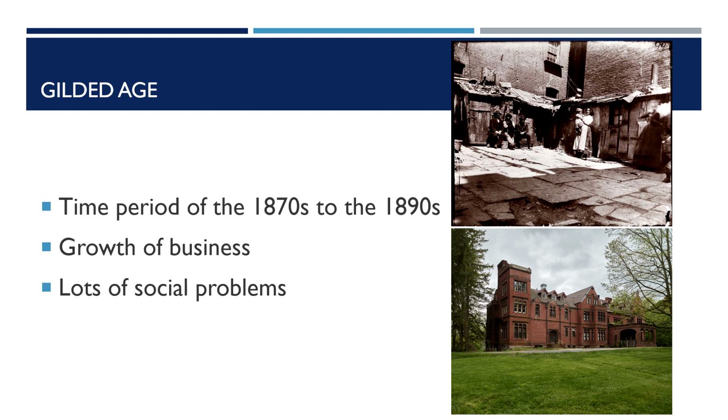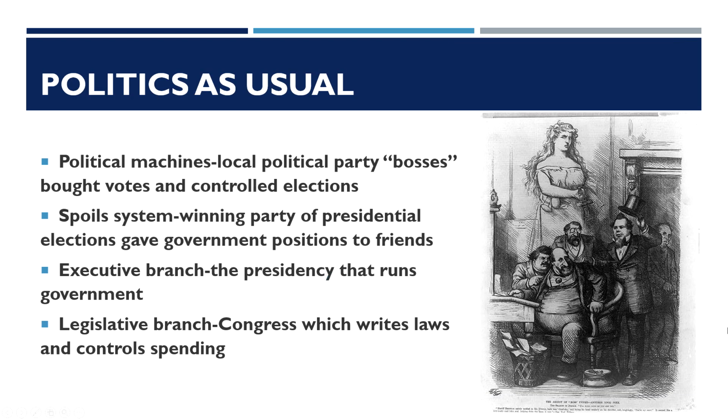So a lot of money is being made, but at the same time, that wealth is not being distributed equally. This is causing social problems, and there are also problems with politics. So politics, as usual, in the Gilded Age consisted, first of all, of political machines. These are basically local political party organizations, so the Democrats and the Republicans had them.